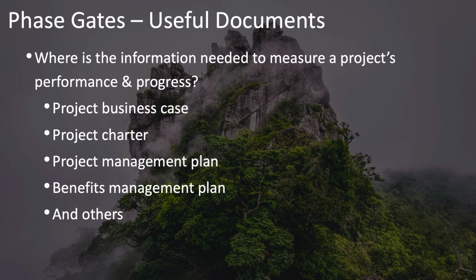It will also contain a lot of detailed information about how to measure progress against scope, schedule, and cost and quality and so on. The project business case will help you to see whether or not the project is still on track to deliver the business value that was planned.